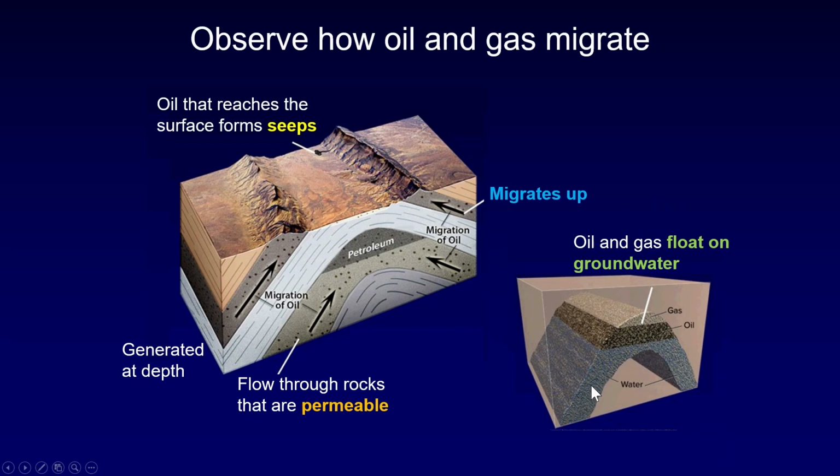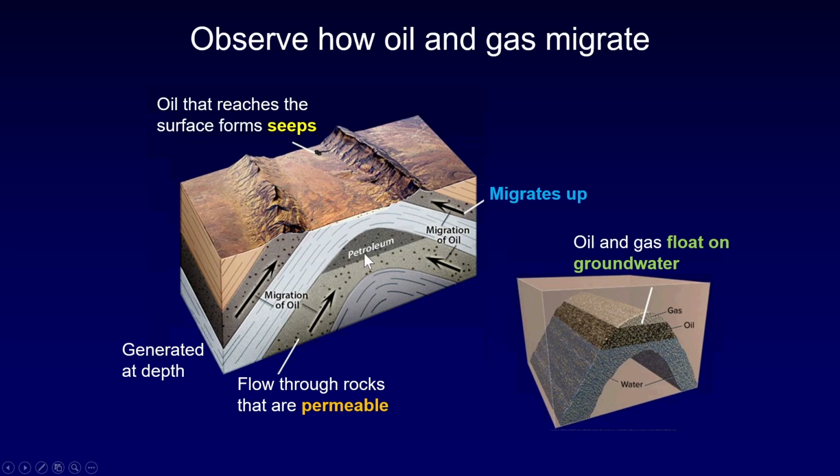Now, you can also see in this diagram down here in the bottom right, we have a situation where typically this sandstone layer is going to contain quite a lot of water within the pore spaces. And so as the oil and natural gas enter the permeable sandstone, it's going to push that water out of the way, and the oil and natural gas is going to rise up and float on top of the water.